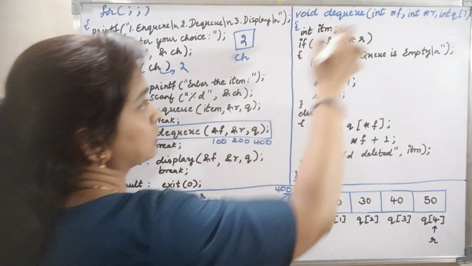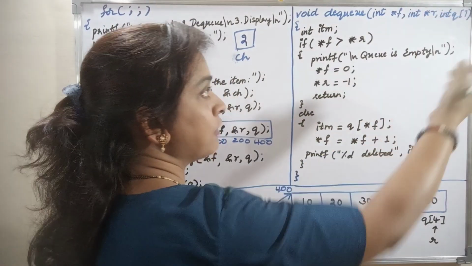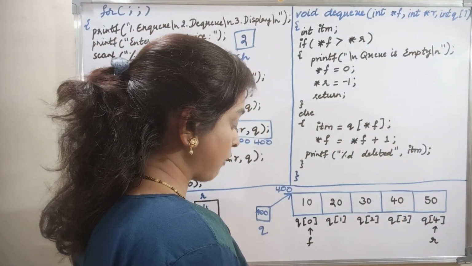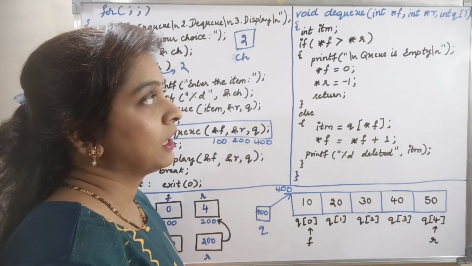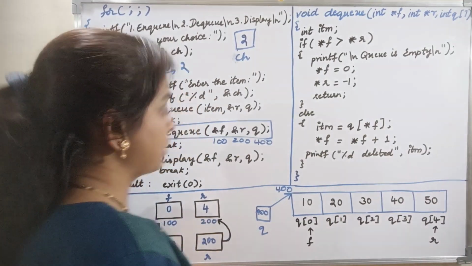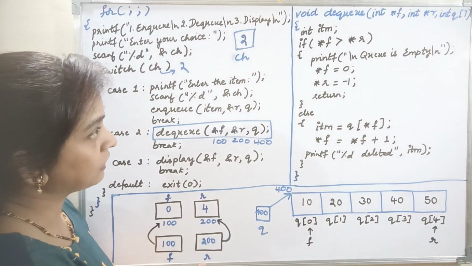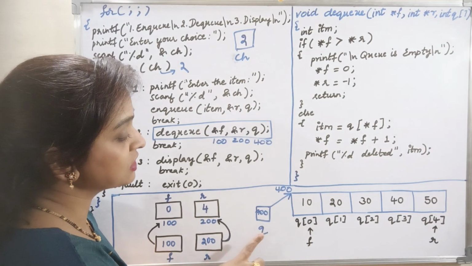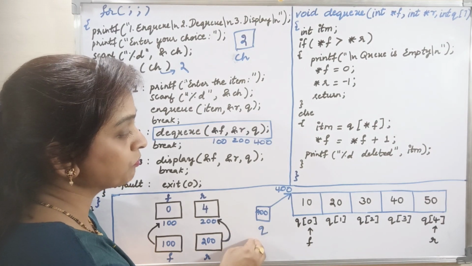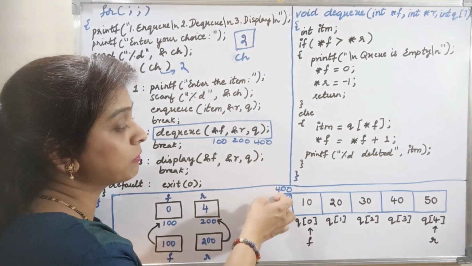The control will go to the function definition. So again I have the formal arguments. The names of the formal arguments are the same; if you want, you can change that. So it is pointer variable f, pointer variable r, and again the q, which is the array name that has to point to the same location.